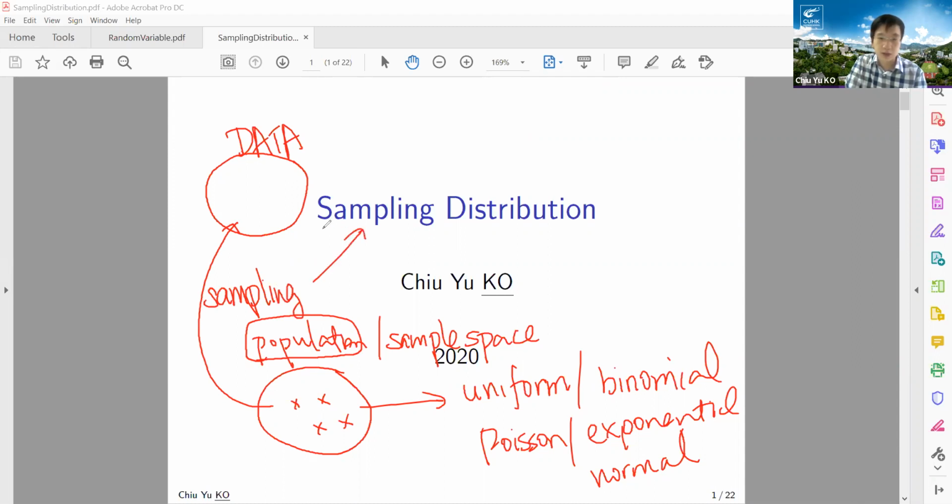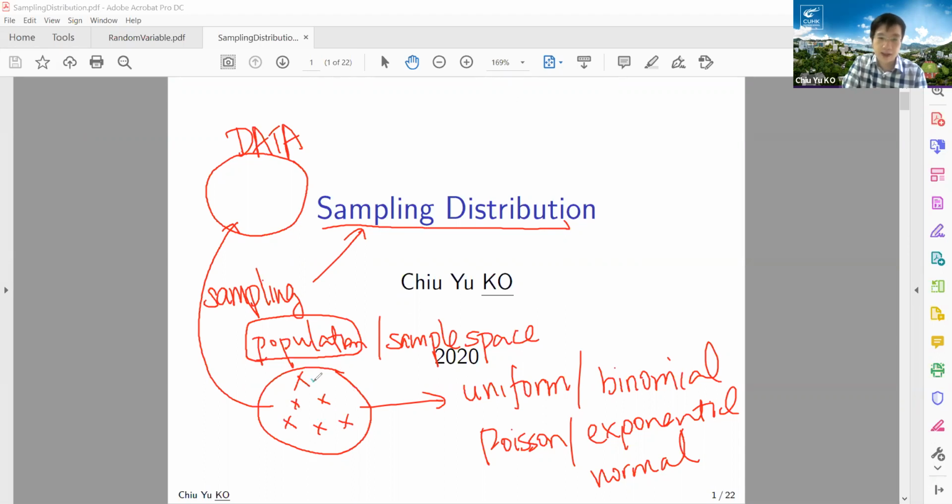That's what we want to focus on today. Unless we have the time and resources to study every single element in the population, we usually try to study part of it.